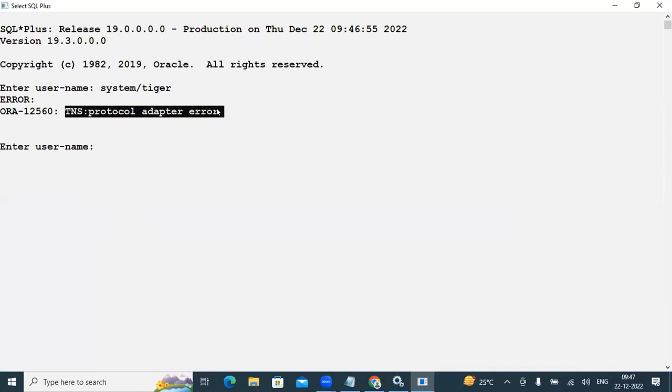Is that clear to all of you? Write it down below. So this is my first problem whenever I need to connect.